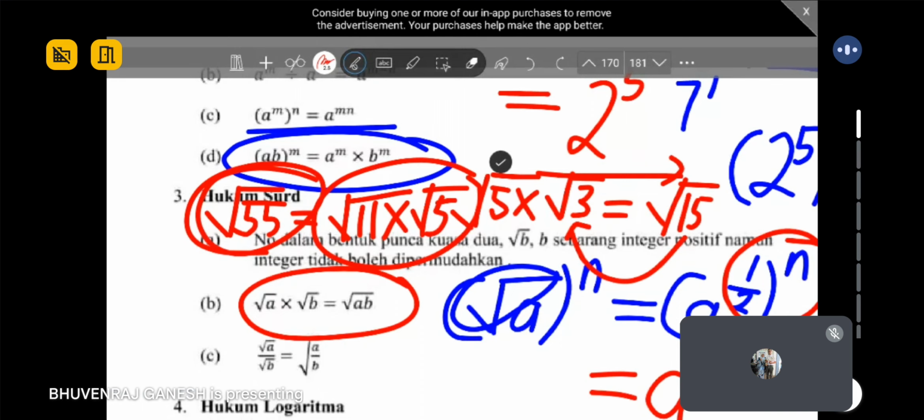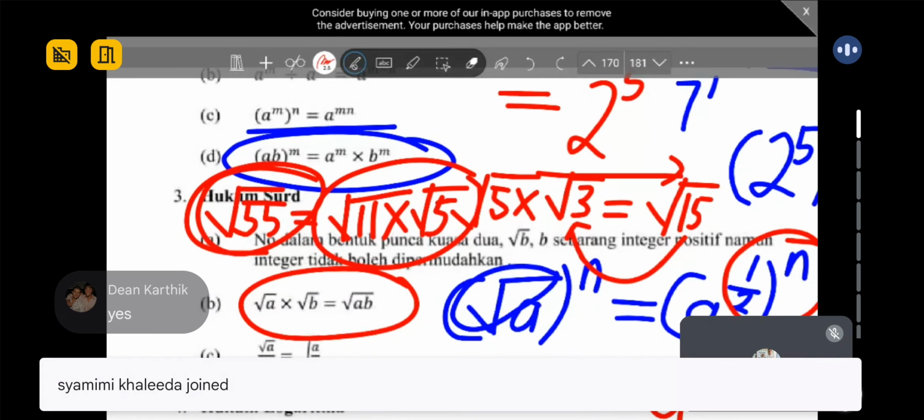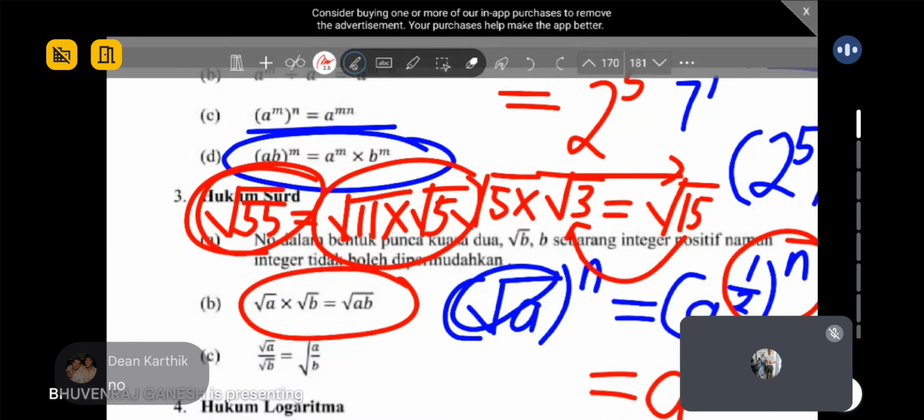But for normal people who use the FX570MS, not all calculators can do this. So you must know how to apply the rule and how to break down the surd.